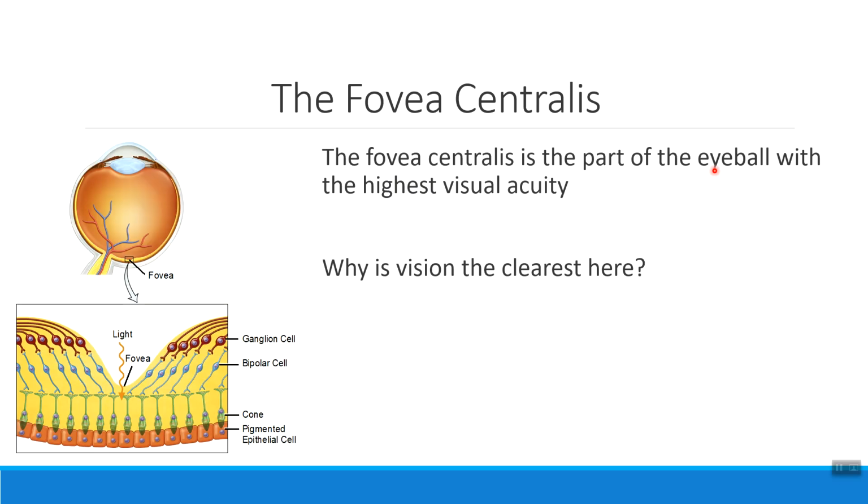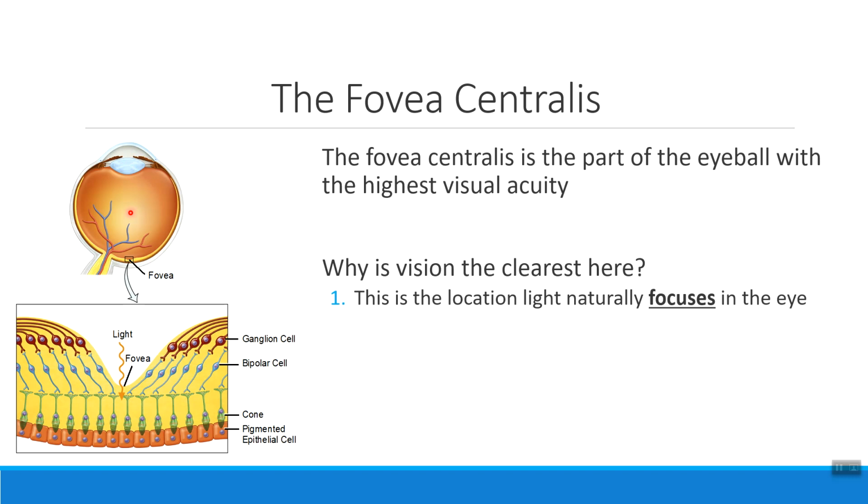So, the fovea centralis, we've said this before, this is the part of your eyeball where you see the most clearly. The fovea centralis sees very clearly for three main reasons. The first reason is that this is where light naturally focuses. The fovea centralis is right behind that pupil.